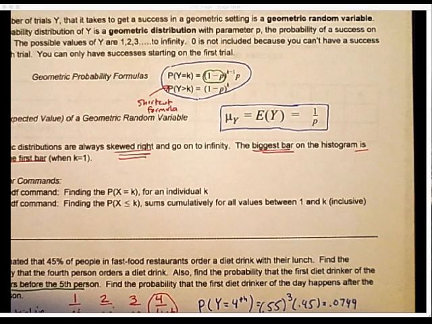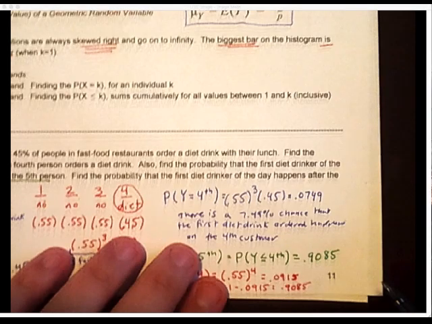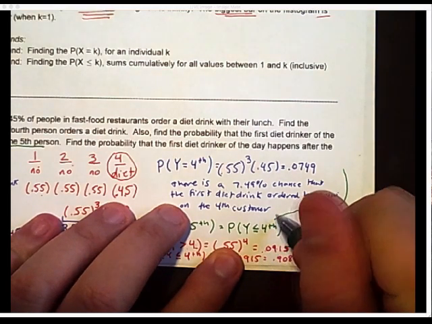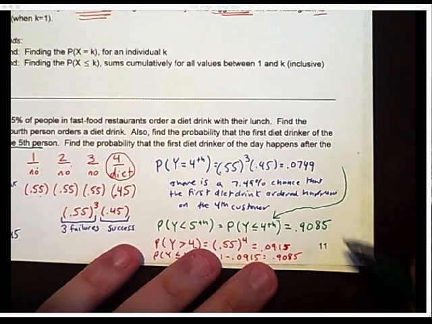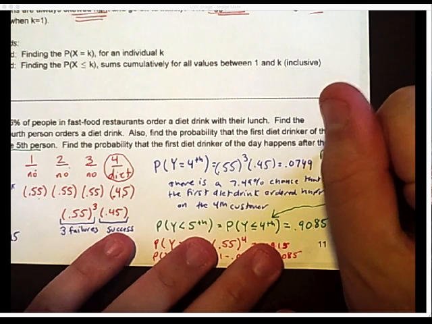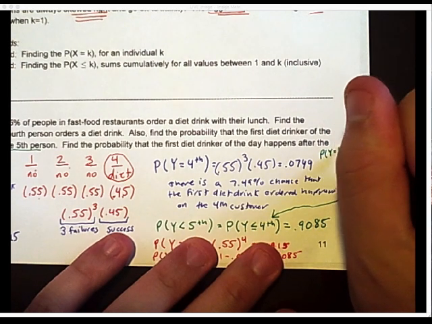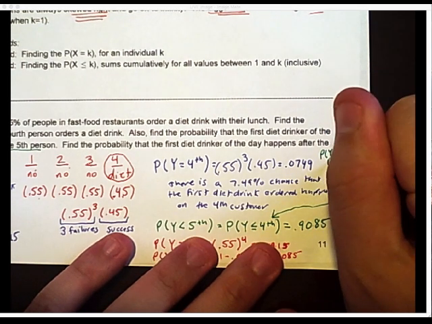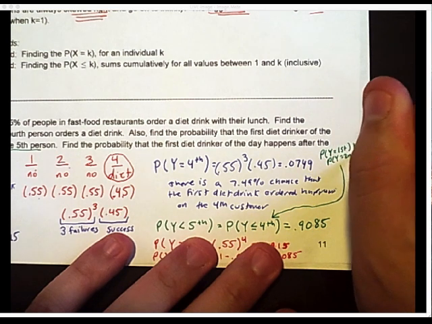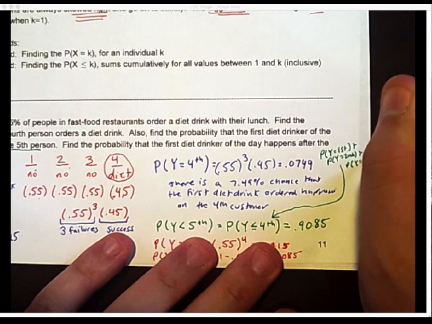And I think you guys probably understood this, but just in case you didn't, the probability that y is less than or equal to the 4th would mean the probability that y equals the 1st plus the probability that y equals the 2nd plus the probability that y equals the 3rd plus the probability that y equals the 4th trial.